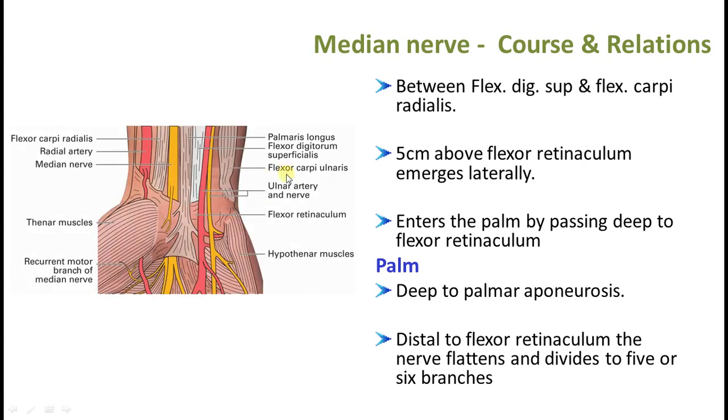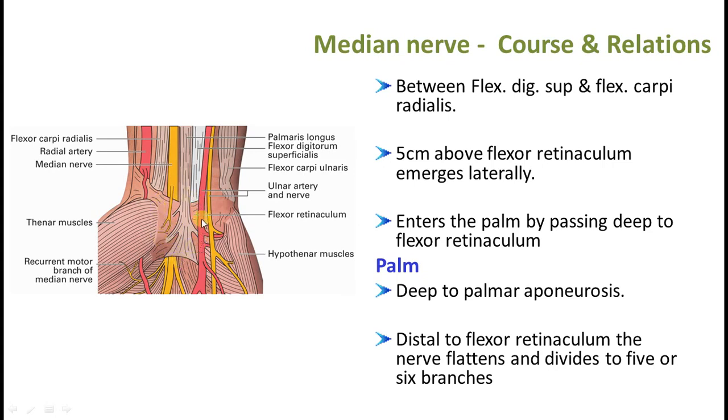Here you are able to see it. So immediately just above the flexor retinaculum, it becomes somewhat superficial, between the palmaris longus tendon and the flexor carpi radialis tendon. Then it passes deep to the flexor retinaculum.